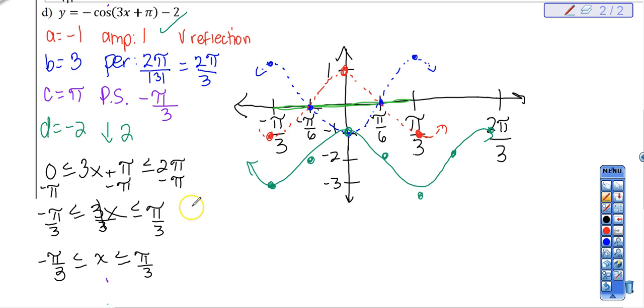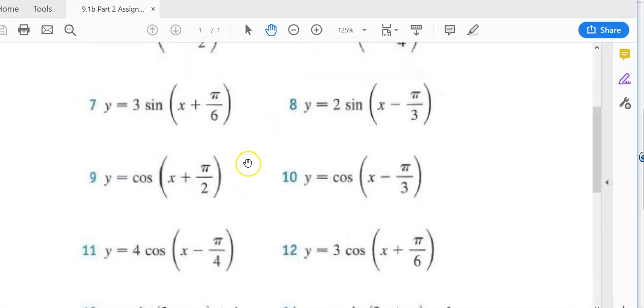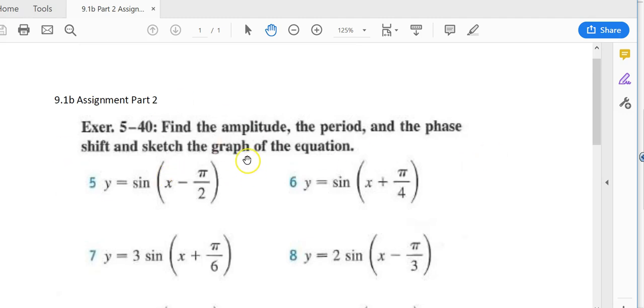Okay, so your assignment is on Canvas, and I would just like to make it an extension of yesterday's assignment. So the 9.1b assignment is going to be a 10-pointer. I'll project it real quick. Same exam rules as yesterday. Find the amplitude, the period, and the phase shift, and sketch the graph of the equation.